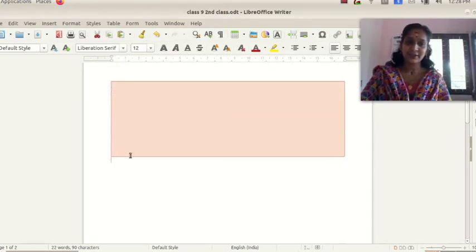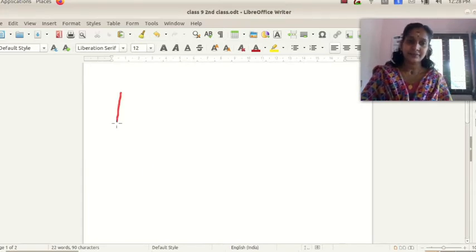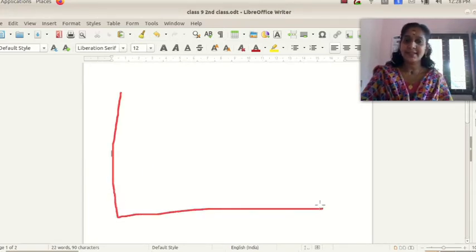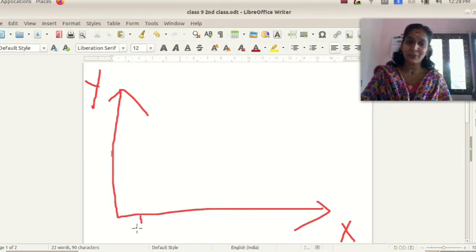So in the x-axis time is taken. In the y-axis position is taken. This is x-axis and this is y-axis. Okay. Here we can mark 1 and here we can mark 2.